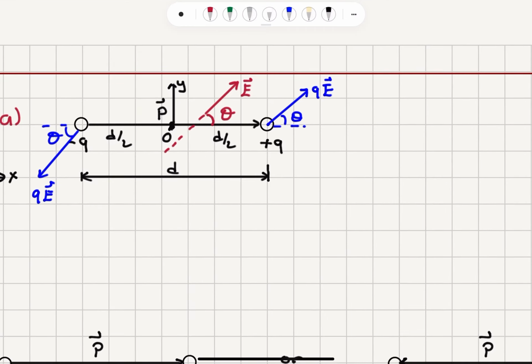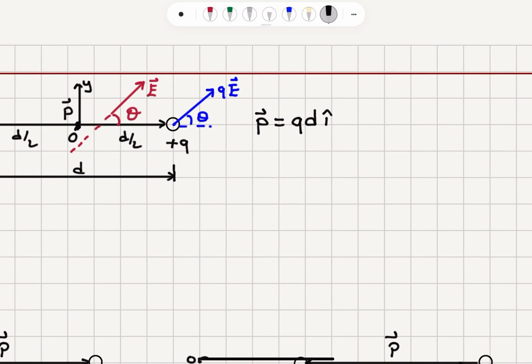Okay, so first of all, we have the electric dipole moment vector according to this figure is the charge q multiplied by the distance between the charges pointing in i hat direction because it points from the negative charge to positive charge.